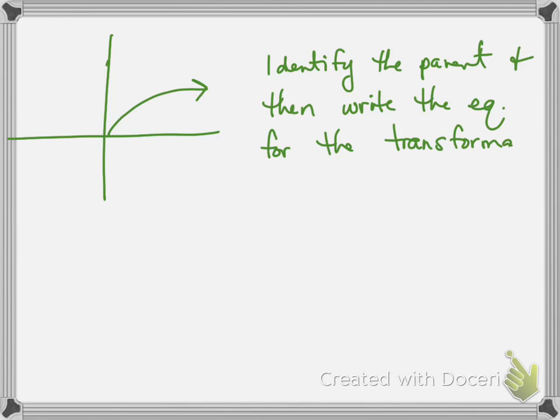So 2 things we have to do. First thing, identify the parent. So it's f of x equals square root of x.